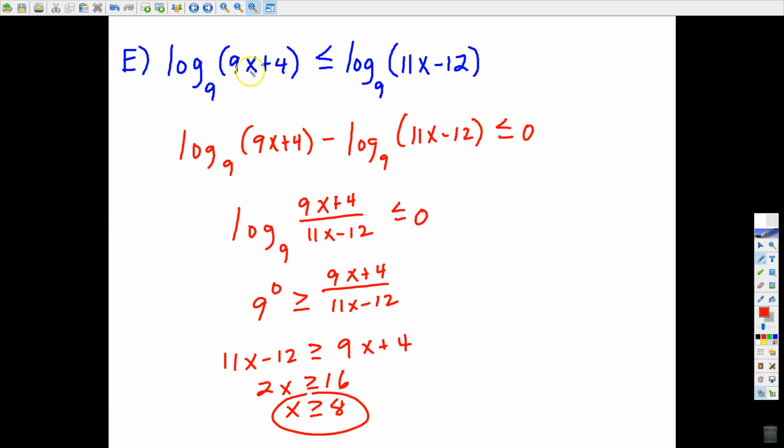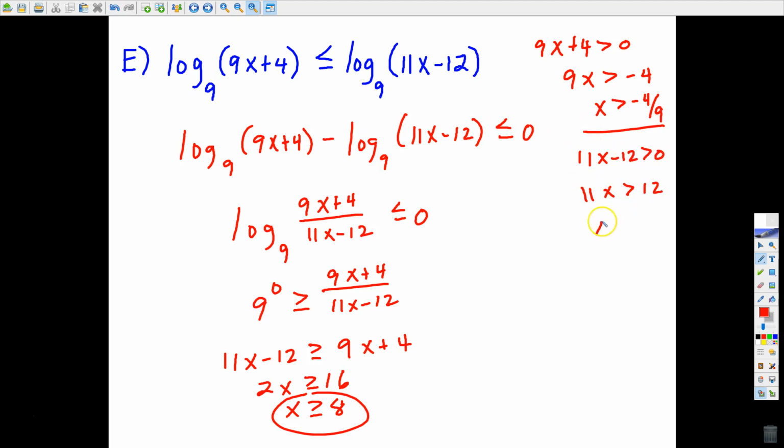Okay, so let's take each of these and see what's required. We have to make sure that 9x plus 4 is greater than 0. 9x is greater than negative 4. So for this to be valid, we have to have numbers that are greater than negative 4/9. And here we have to have numbers that are greater than 12/11.